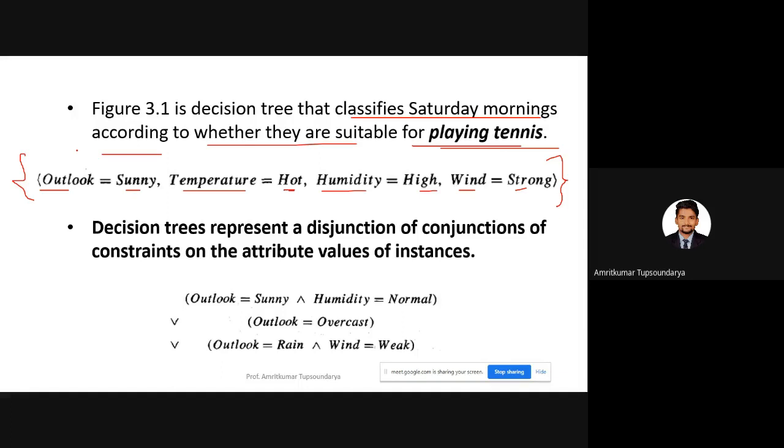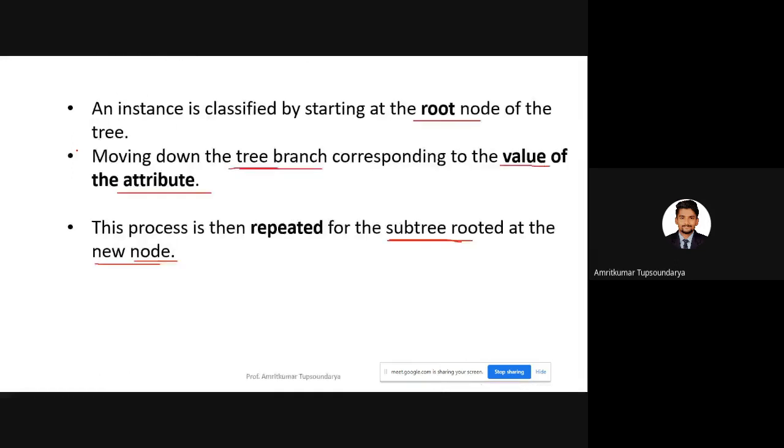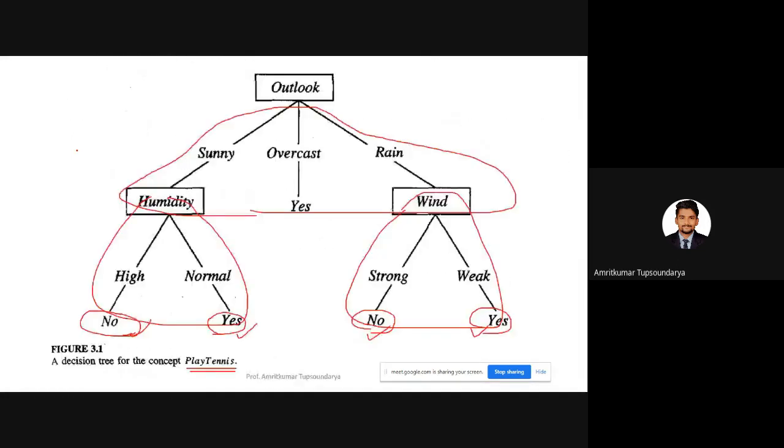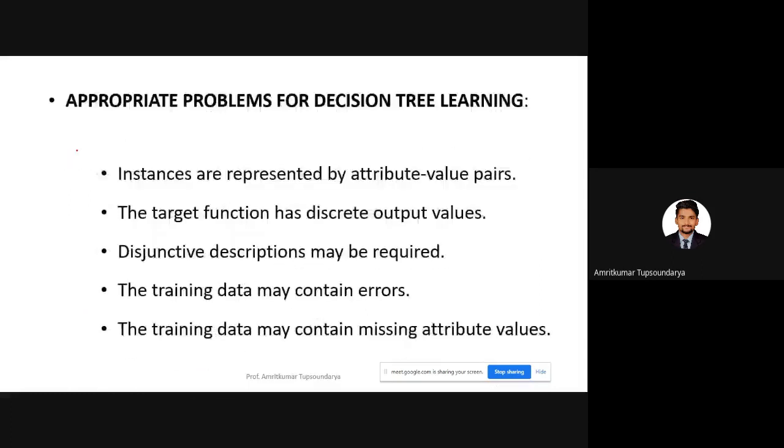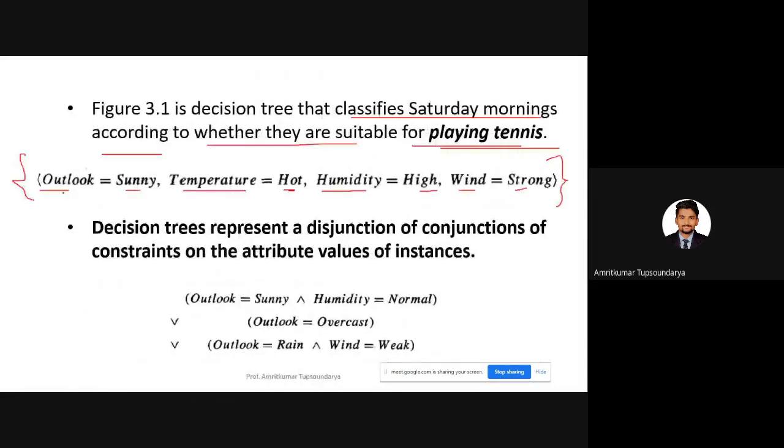If we go and check the decision tree here, it will be sorted down the leftmost branch. So let us first remember what the instance is, right? The outlook is sunny, temperature is hot, humidity is high, and wind is strong. So sunny, hot, high, and strong, right?